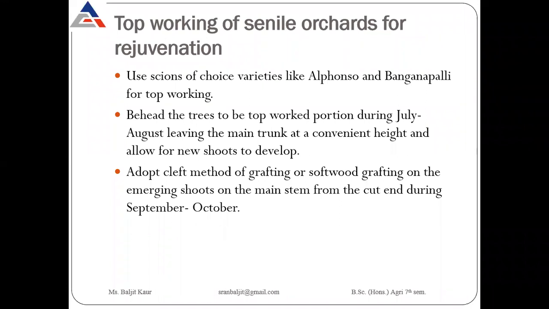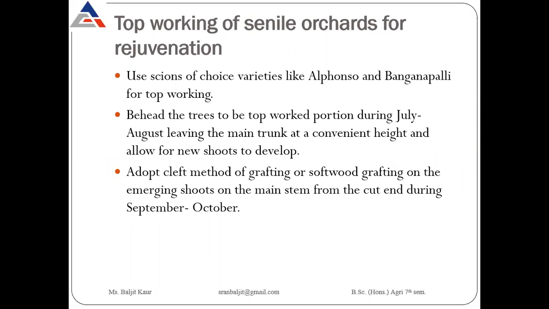So deheading of the trees is done for top working, and only the main trunk is left, and from that main trunk shoots will develop, and on those shoots cleft grafting is done. Scions are selected from important varieties like Alphonso or Banganpalli, and grafting is done on the emerging shoots on the main stem during September-October, right?